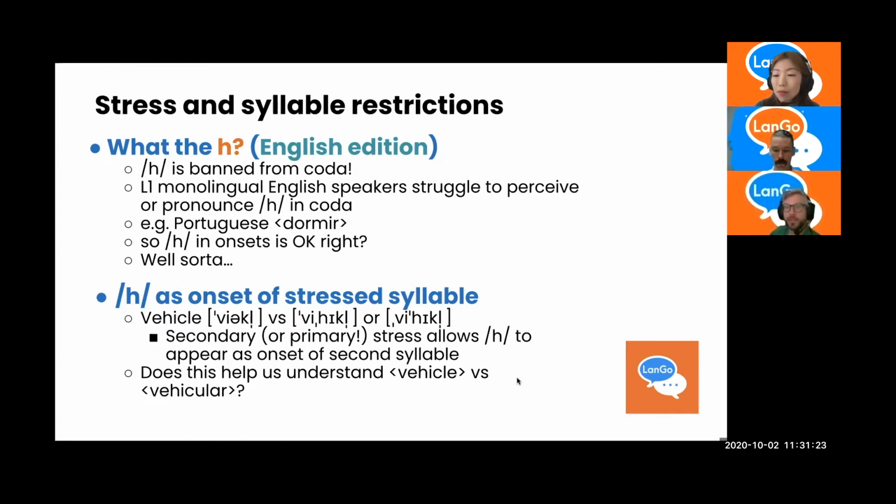But it basically allows that. So a similar kind of alternation between electric and electricity. Now that's called velar softening. It's a different phenomenon, but you notice that the stress shift causes some things, right? And the same with vehicle and vehicular, right?